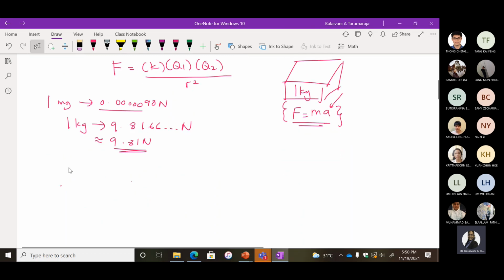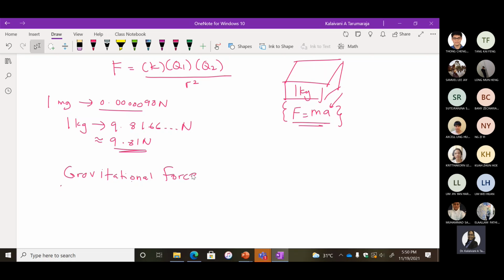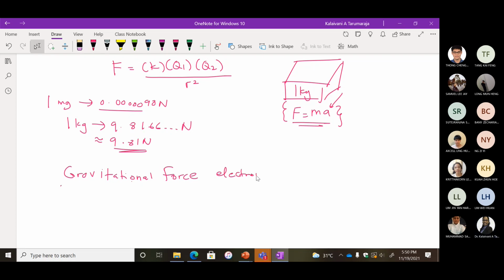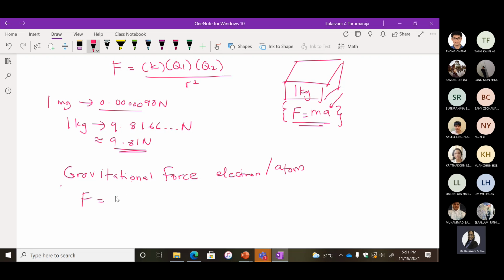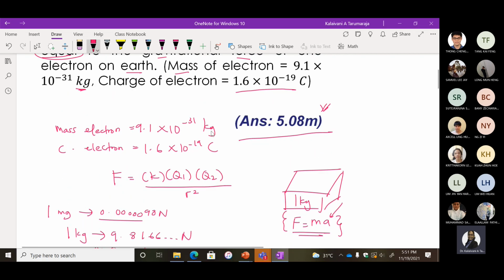In the next part, the gravitational force, I already know is equal to the electrical force. So force equal to 9.1 times 10 to the power of minus 31 kilogram.